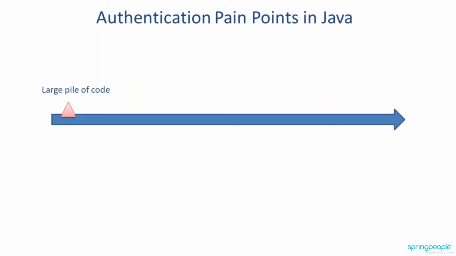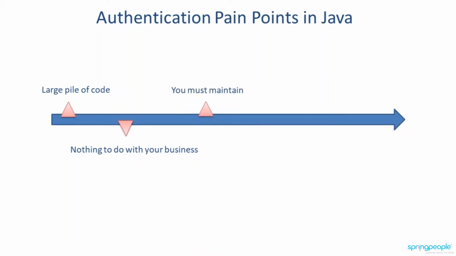And the first one, authentication, is how we are logging into the system. When you go with Java programming without any framework, you have to write a large pile of code to configure that, and it is not related to your business logic. So why should I take the headache of writing a lot of code that is not related to my business logic?